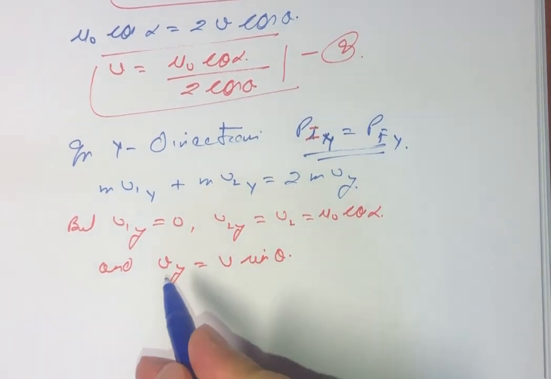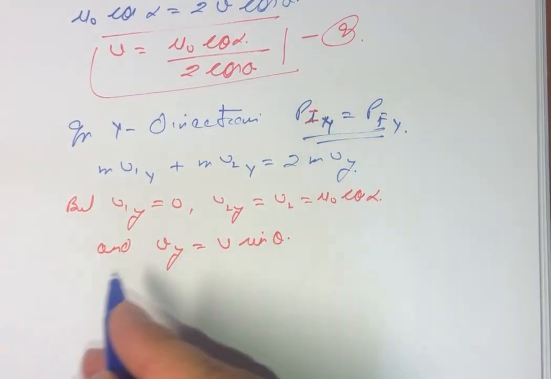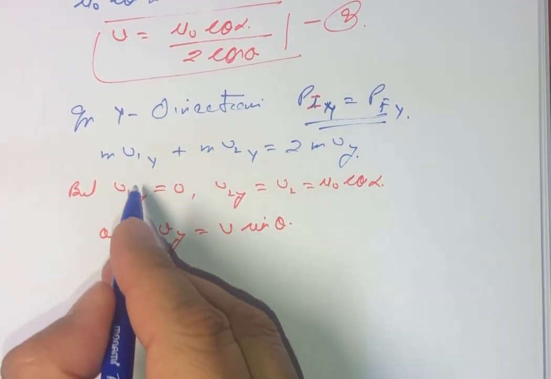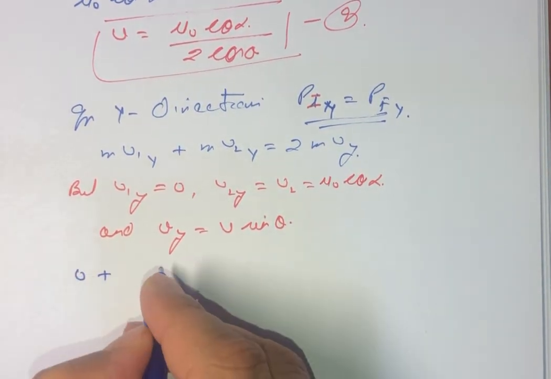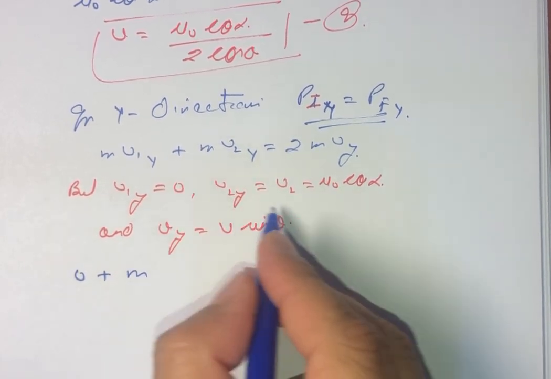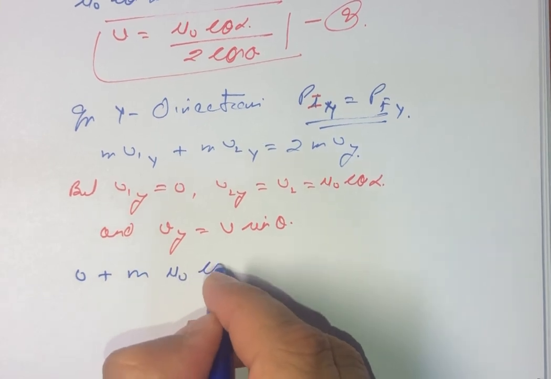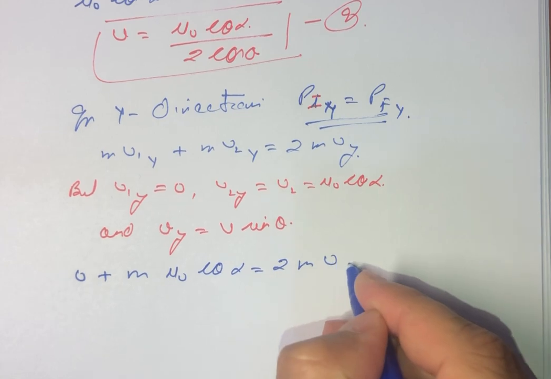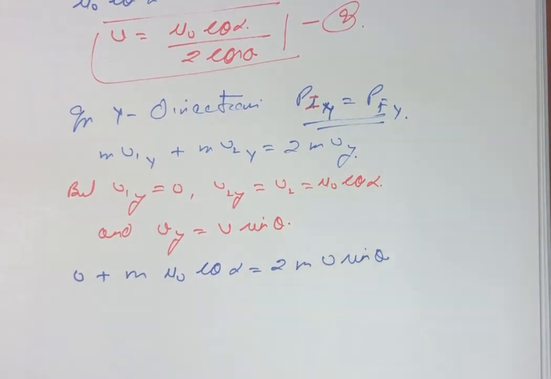So you substitute the values, we get this as v1y is 0, so this will be 0 plus m u naught cos of alpha is equal to twice m v sine of theta.